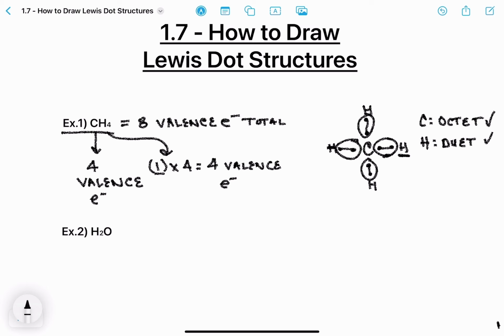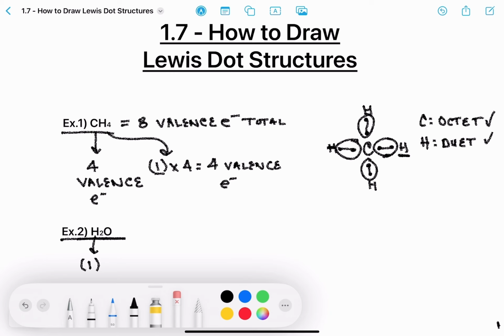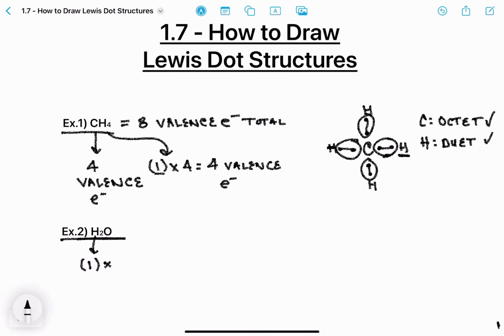We'll move on to the next example. Hydrogen has 1 electron, and there are 2 of them, for a total of 2 valence electrons. And then oxygen has 6 valence electrons.